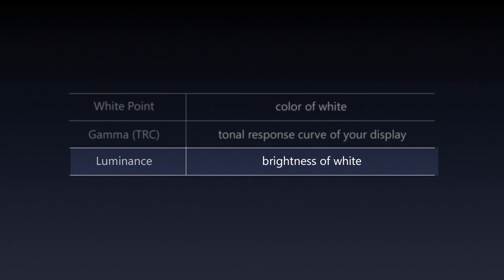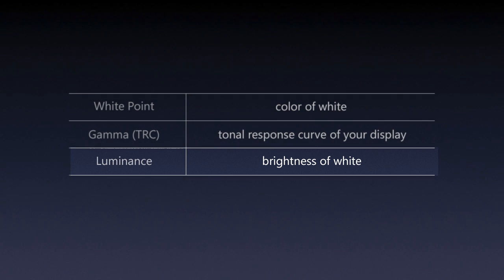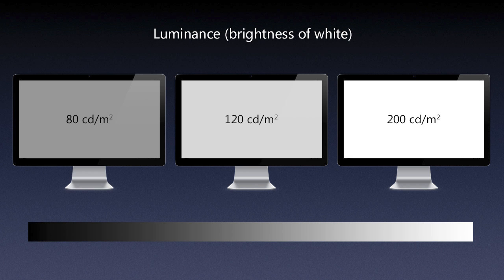Well, let's talk about the luminance, because that's the very easy one. Luminance is measured in something we call candelas per meter square. It's just a unit of measurement that basically describes how bright your screen will be, how bright your whitest point will be. Now, most monitors when they come out of the box are quite bright, and they usually have maybe 200 or even 300 candelas per meter square.